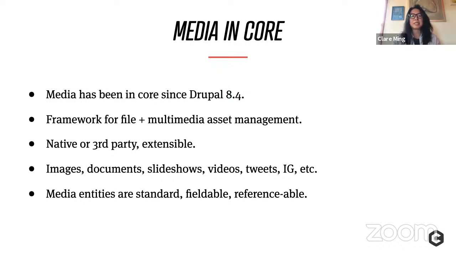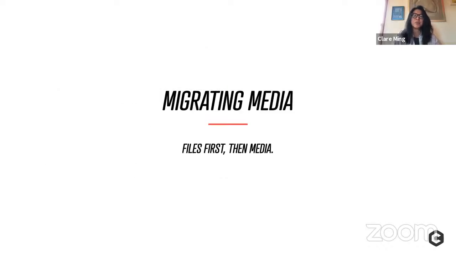And the main takeaway is that media entities are standardized, full-fledged fieldable entities. They make entity references to file entities, and they themselves can be the object of entity reference fields from other node types.